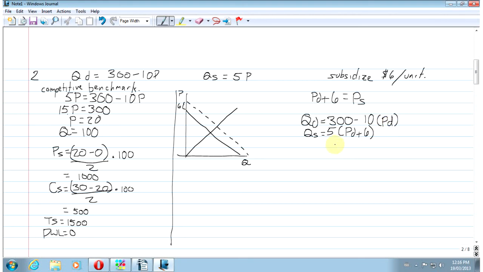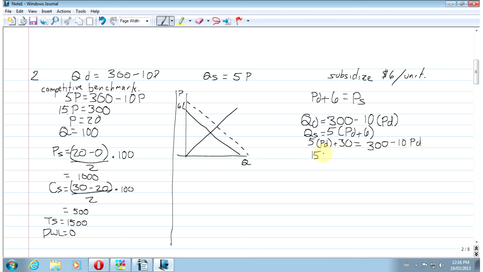Okay. So now I can set these two things equal because the new equilibrium is going to work because I have PD and PD. I don't have 4 unknowns. So 5 PD, and I'm just going to separate this out, plus 30 equals 300 minus 10 PD.